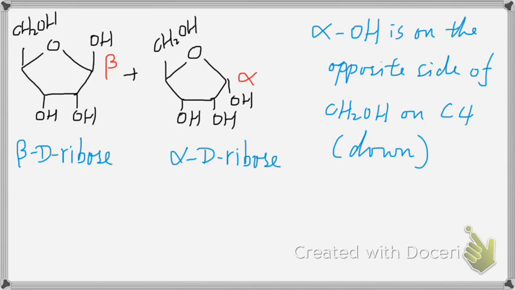And now we have 5-membered rings, hemiacetals. We just mentioned that 5-membered ring sugar molecules we also call furanoses, right? So the complete name for these two structures: the first one will be beta-D-ribofuranose, and the second one will be alpha-D-ribofuranose.